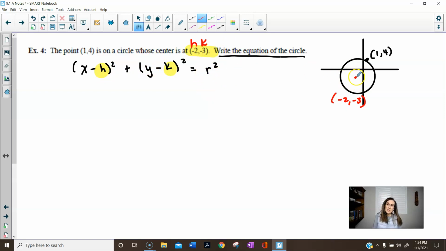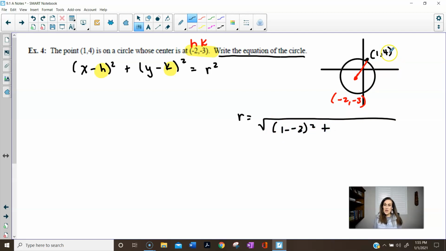So I'm going to find R by finding the distance from the center out to that point 1, 4. So R is equal to the square root of, and I'm just going to use the distance formula. So I'll subtract the x values. 1 subtract -2 squared, and then I'll subtract the y values, making sure I start with the same point.